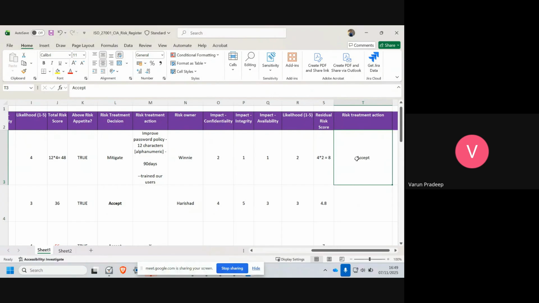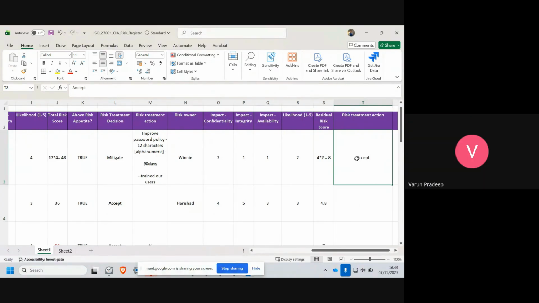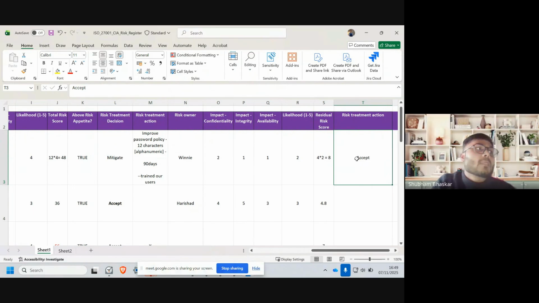Yes, I have a question. The sheets 1 and 2 that you have shared, it's all linking to the qualitative risk assessment itself. What you've shown initially for quantitative, we need to pick up ALE, SLE, ARO, those factors, right? Which is not seen over here. Yes, you are right. You can include that here. Like I said, I made a very basic risk register because I wanted to explain it.